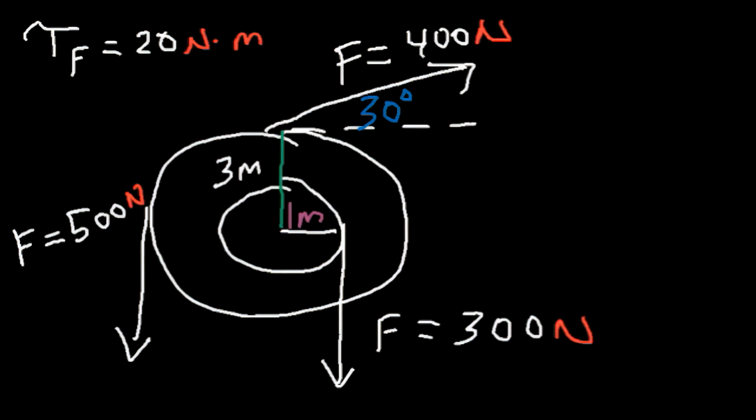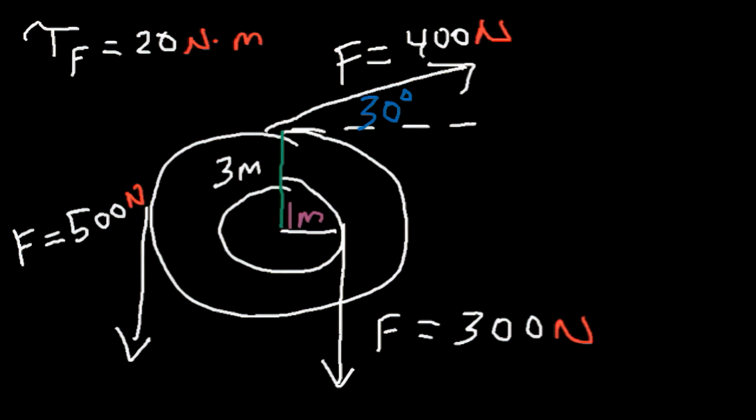So if this system is rotating in the clockwise direction, frictional torque is going to be counterclockwise. And if the wheel is rotating counterclockwise, frictional torque will be clockwise.